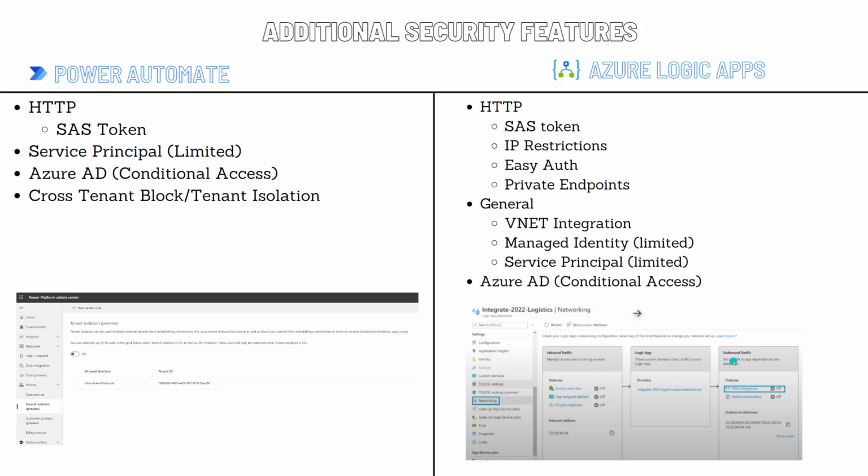It's called Easy Auth, which allows you to look for an Azure AD token and then authenticate and authorize based upon that token itself. And so this is also supported in consumption and standard. So if you expose an endpoint and you want to make sure that there's an Azure AD token associated to this request, you can enforce it. This is a very highly recommended feature to use.